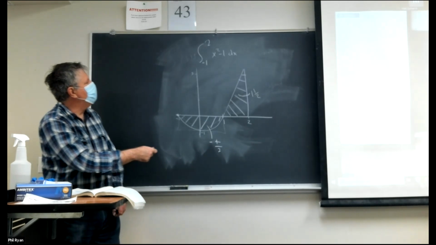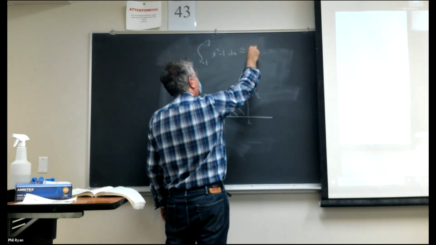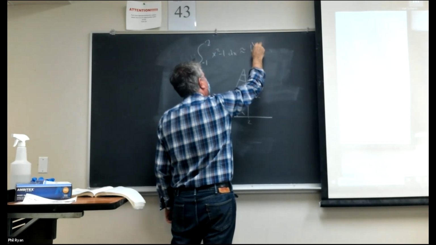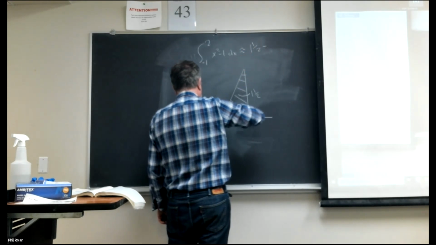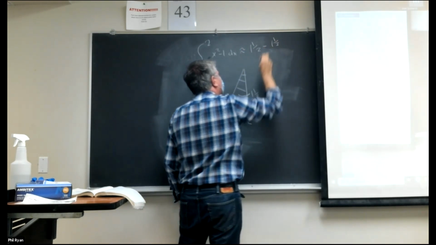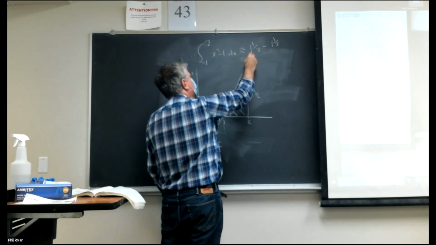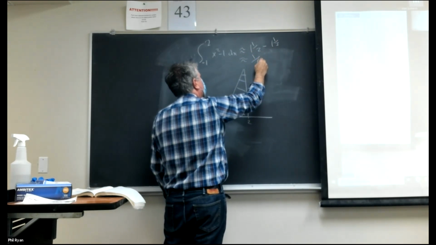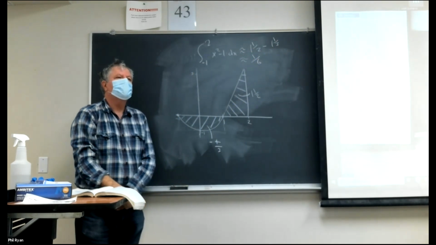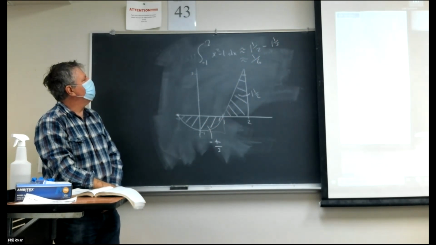So if these are approximations, this integral would be approximately the positive area subtracted by the area underneath the x-axis, and so we might assume that it's around 1/6, for instance, because a lot of these things will be cancelling each other out.